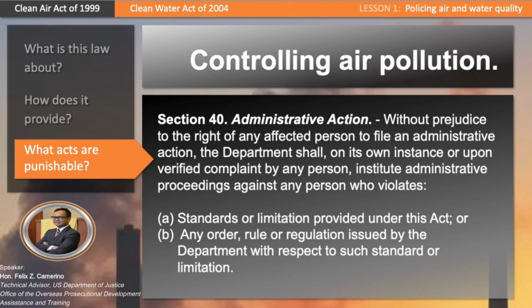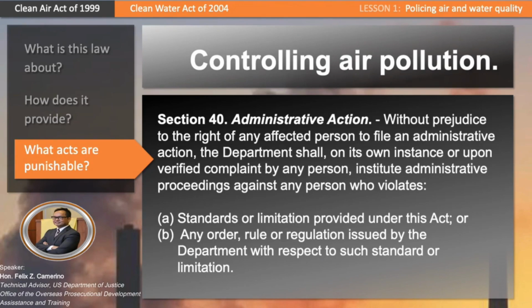All it's really saying is that it can be instituted by any person, or by the DENR themselves at their instance, or upon a complaint by any person. It just talks about who would institute this administrative action. I hope that's clear.